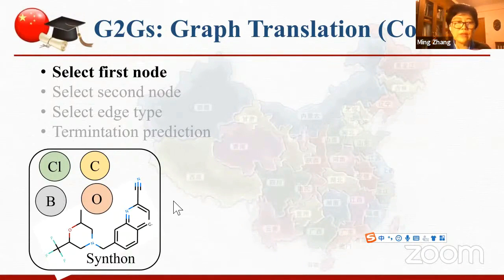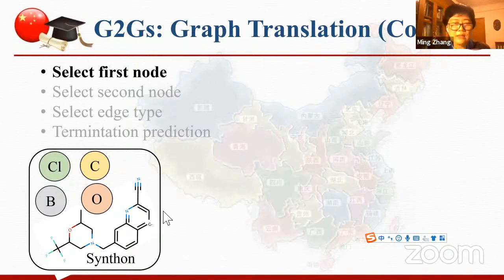So we can see how graph translation is done in the following illustration. Our graph translation module has 4 actions. Given the current synthon, it first selects a node to focus on. See, we select a carbon atom here.